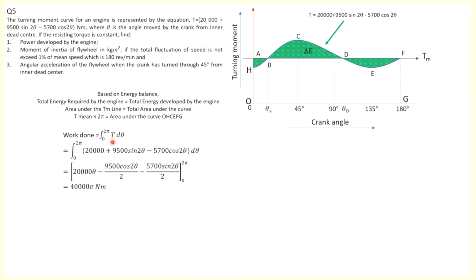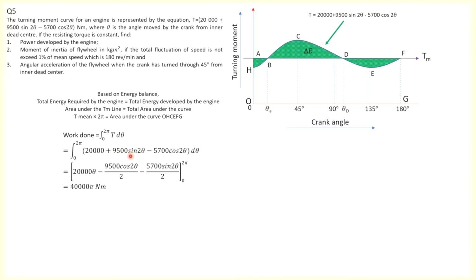So the given torque equation will be integrated with respect to its variable, the angle theta, taking the upper limit as 2 pi. If you have 360 degrees, you put 2 pi here; if you have 180 degrees, you can put pi. It's up to you. Then when you integrate the 20,000, you have 20,000 theta.